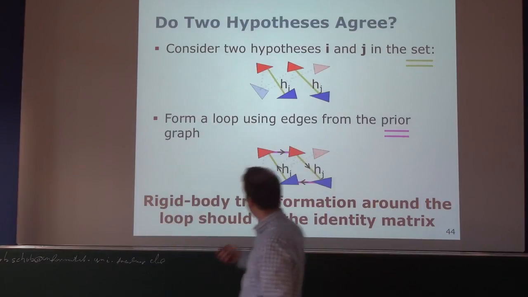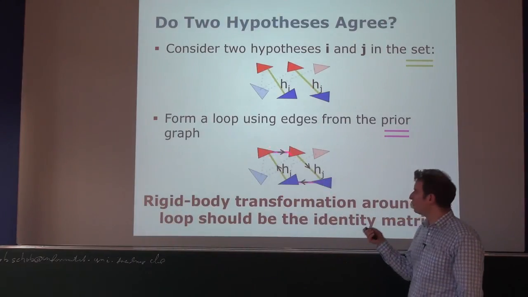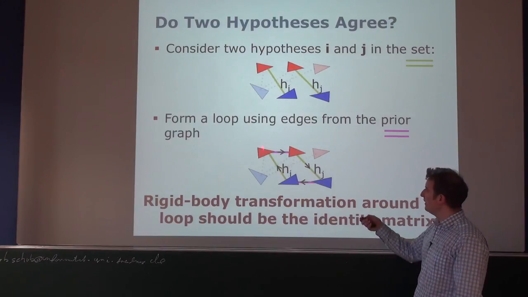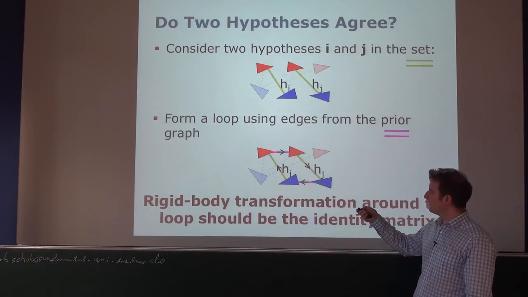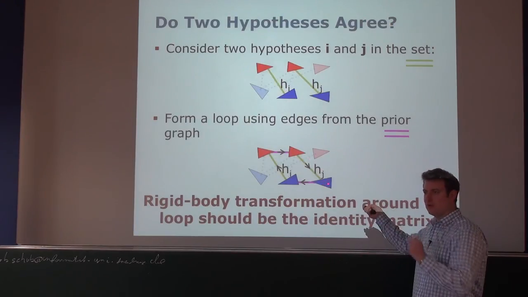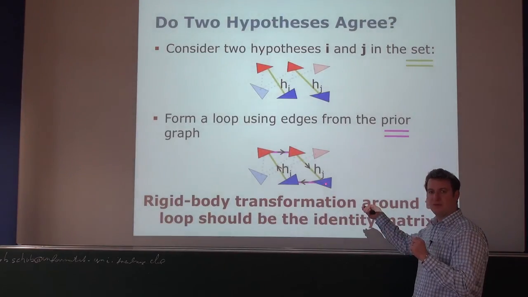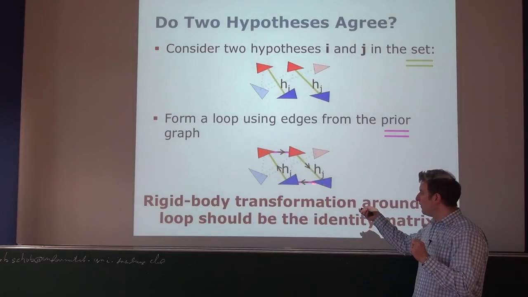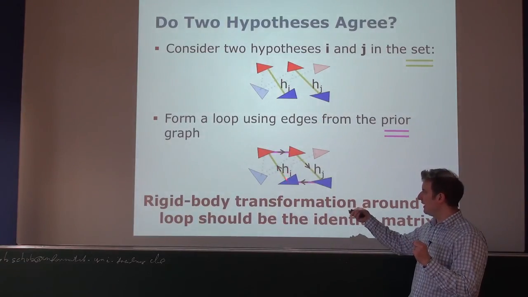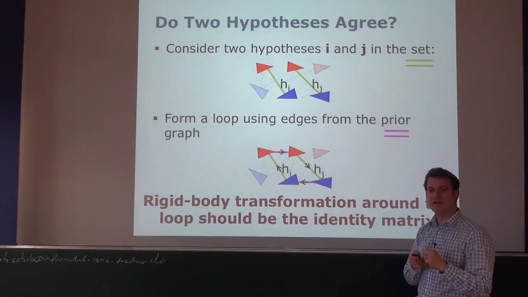It's done here by taking what's called the prior edges. These are those edges which result from odometry or incremental scan matching. If I start from this node over here, I can take my odometry constraint to go here. I take my constraint Hj to jump into the second trajectory, the point in time when I visited the place a second time, move along the odometry again, and then go back with the inverted Hi and go back to the same place.